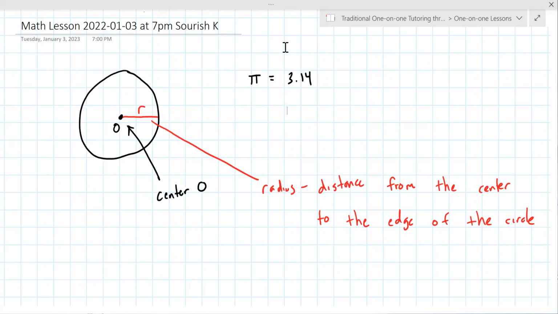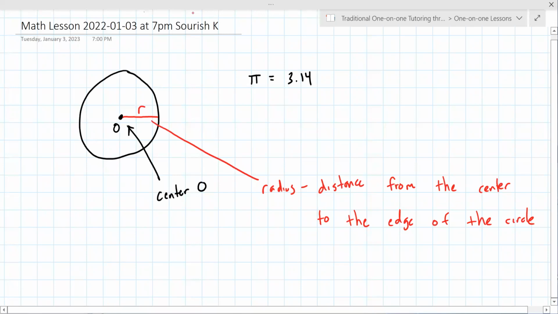Okay, I got it down. You got it down. Excellent. C equals 3.14 times.